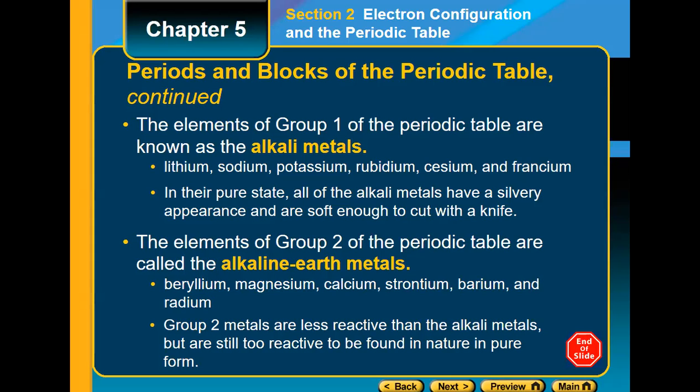We find that the reactivity of the second group is less, which means the alkali metals are more reactive than alkaline earth metals. But that doesn't mean they are not reactive. They are still too reactive compared to the other metals in the periodic table. So why don't they have the same reactivity as the first group?